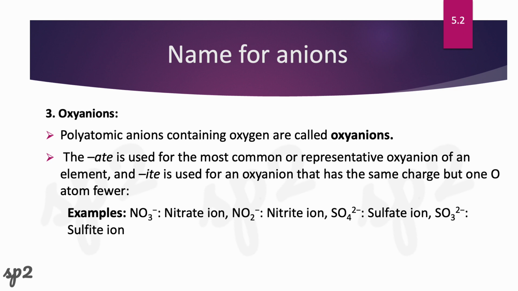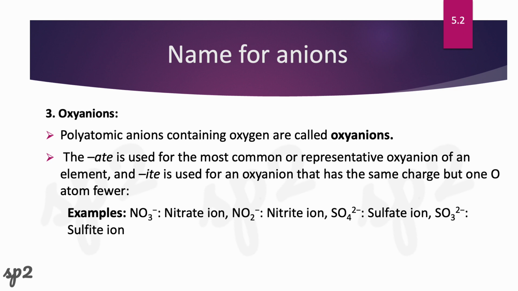Looking at examples, NO3- is the most common oxyanion containing nitrogen, so nitrate would be the name, nitrate ion. But if you look at NO2-, this one has one fewer oxygen atom, so I'm going to call that nitrite ion.